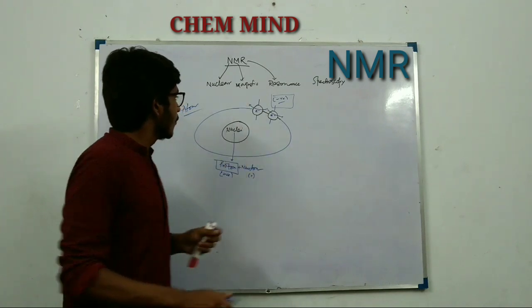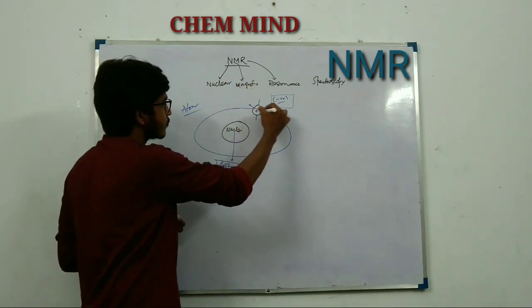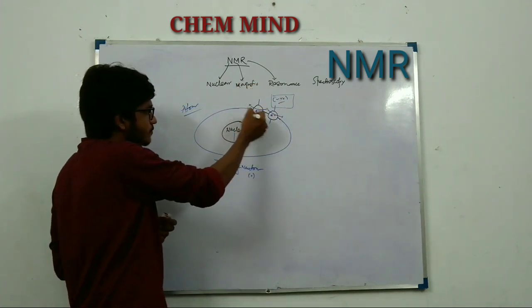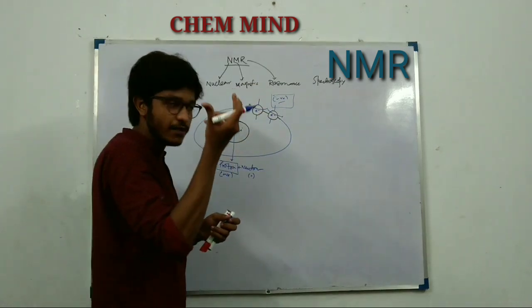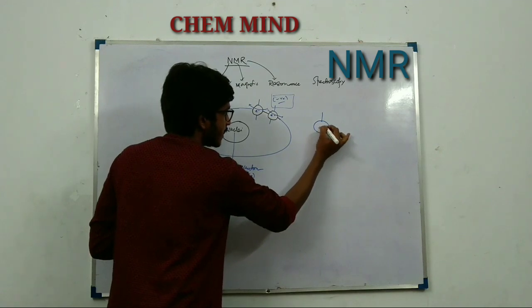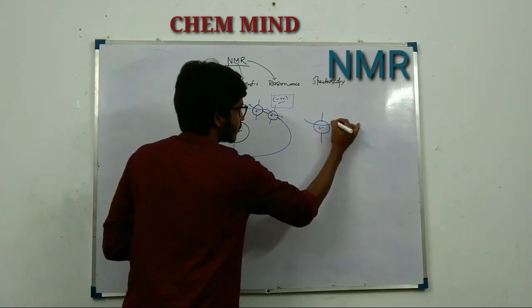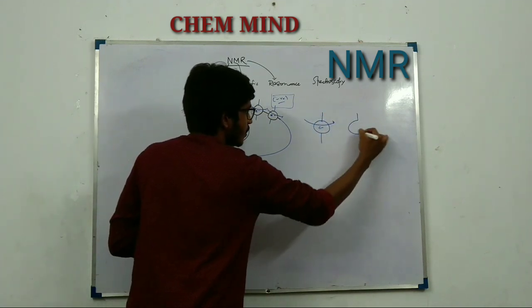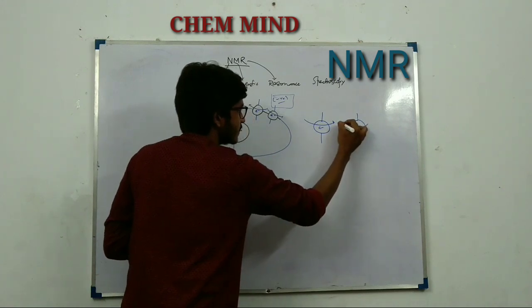Now, an electron is rotating on its particular position, or spinning on itself.